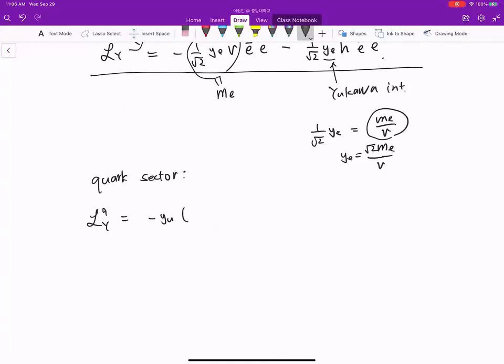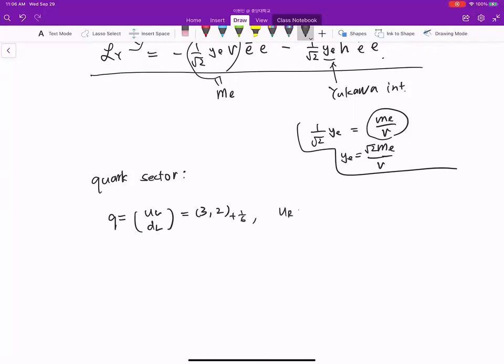First, let me introduce the down-type quark. In the quark sector, let me first write down the representation. It is more complicated, right?